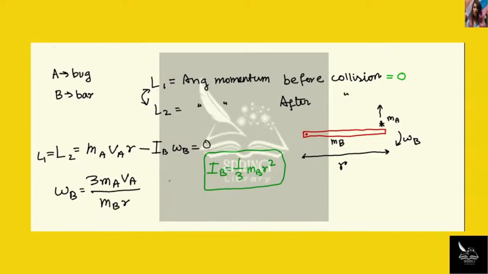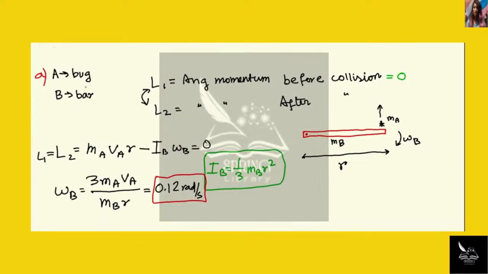So all we did here is we substituted Ib by this expression and then solved for omega b. And using the given values, since we're already given MA, MB, R, and VA, we see omega b is 0.12 radians per second. So to review, omega b is the angular velocity after the bug jumps from the bar.